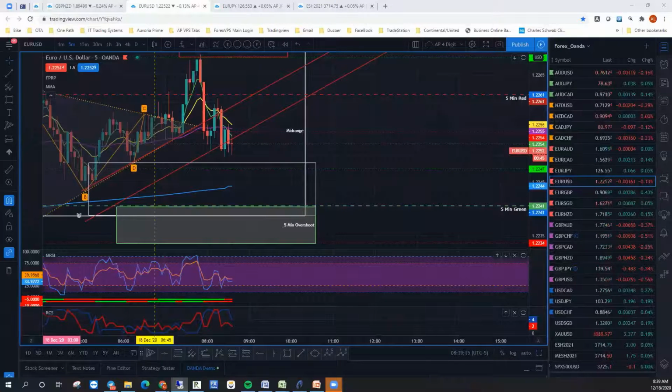Looks like there's an alert on the British yen. Should be to go to the strength of the yen. We were looking at that earlier, and I just got an alert on the arrow to go short on the British yen.